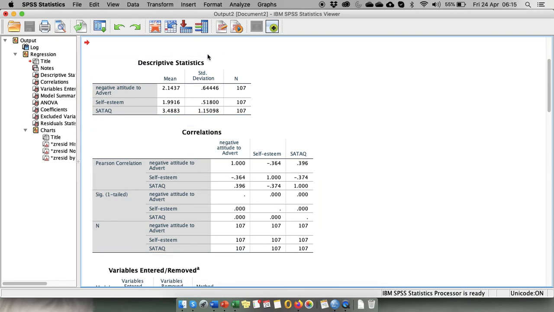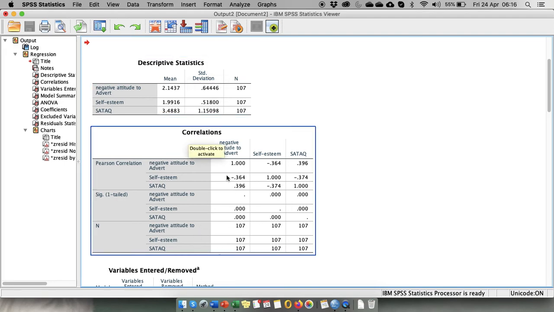So what the output contains: we have our descriptive statistics, and we see the mean for negative attitude to adverts, the mean for self-esteem, and the mean for media pressure. We also see our correlation coefficients between all three variables, and we can see that these correlation coefficients are all significant.